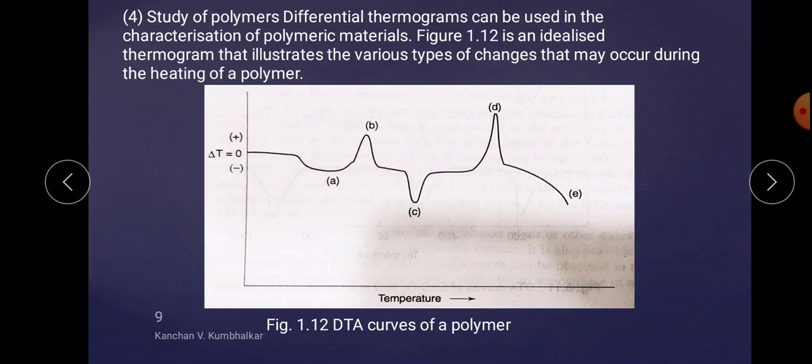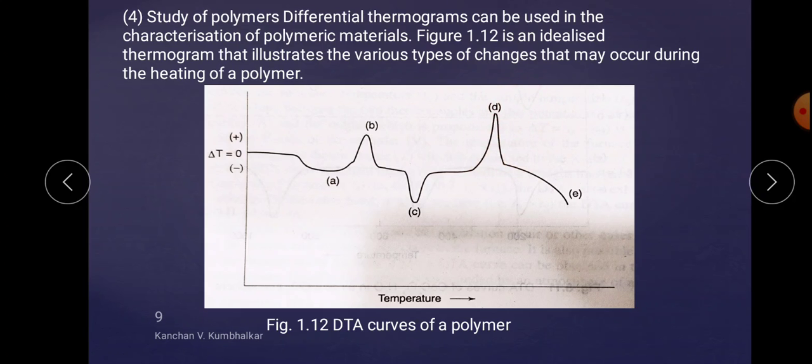Second, B and D are the exotherms. These two exotherms, B and D, indicate crystallization and oxidation respectively. So this is the glass transition, this exotherm is because of crystallization, and this exotherm is because of the oxidation process.